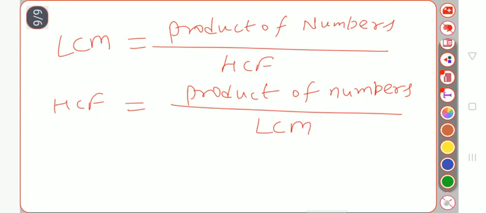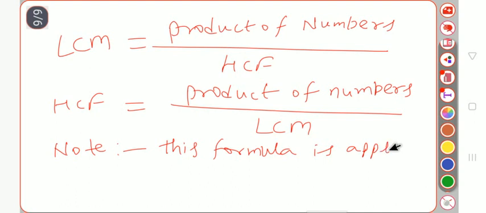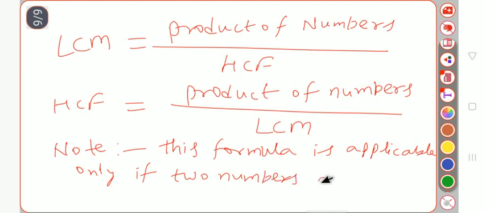But remember this thing, this formula will be applicable only if two numbers are given. I am writing it, it is a very important note. This formula is applicable only if two numbers are given.